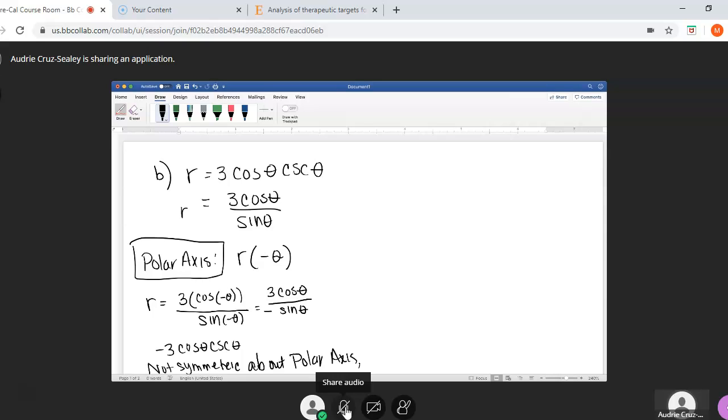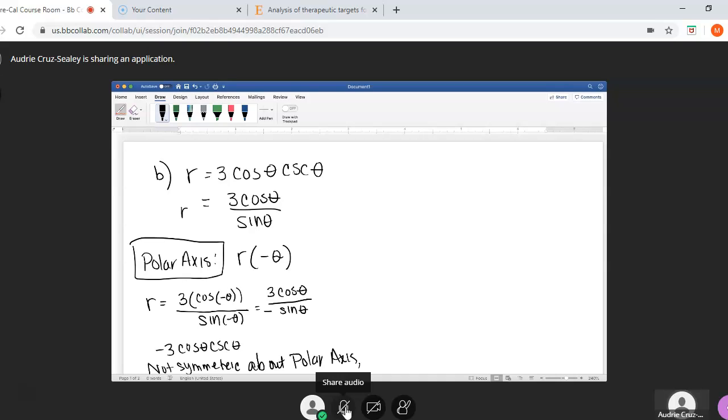That would give me negative 3 cosine theta cosecant theta, which is not the same thing as the original problem. So therefore, this is not symmetric about the polar axis. Any questions? Yes, no, maybe? Okay.